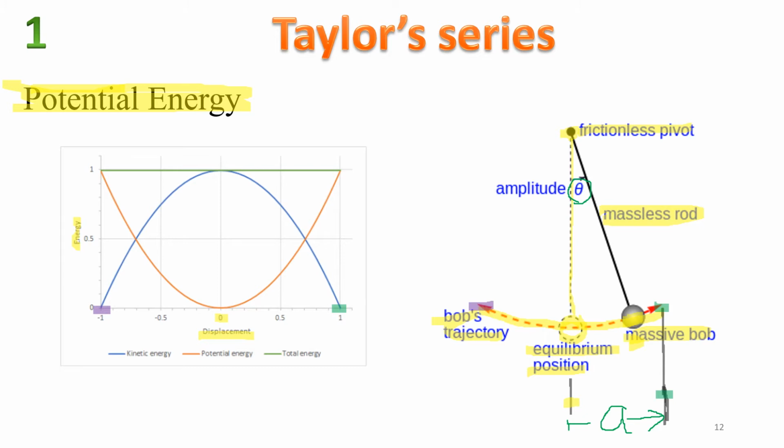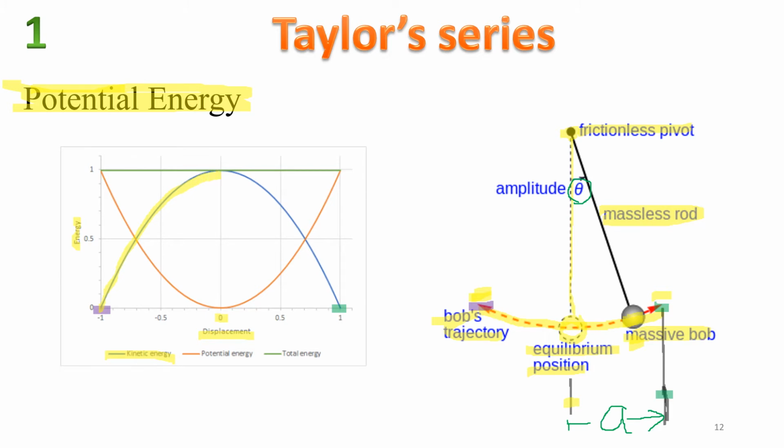Now I'm interested in talking about the kinetic energy, and kinetic energy is minimum at the extreme points. The bob is coming in this way, stopping momentarily at the extreme position and returning back. So the kinetic energy of the system is minimum, 0, at the extreme position. As the bob starts going towards the mean position, velocity goes on increasing, and so kinetic energy goes on increasing.